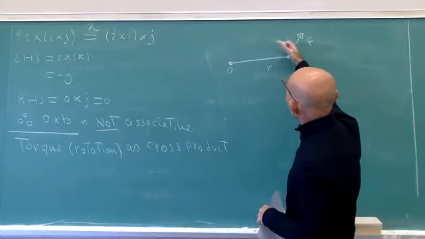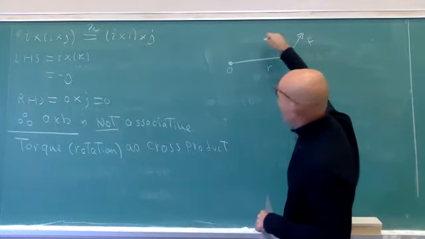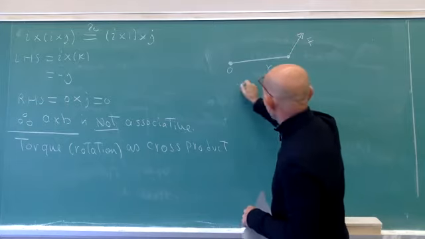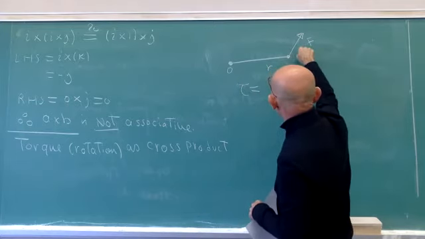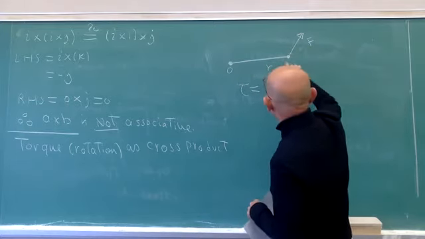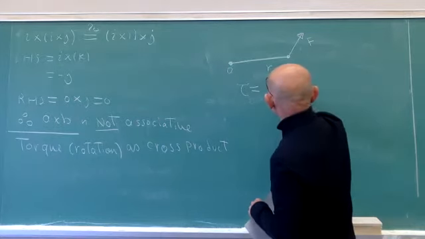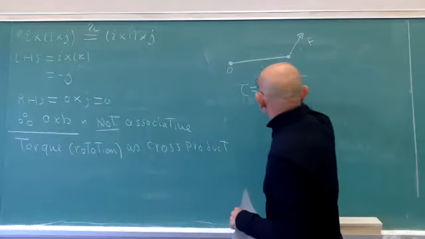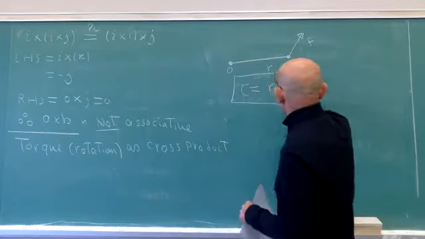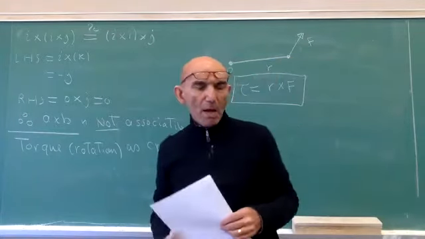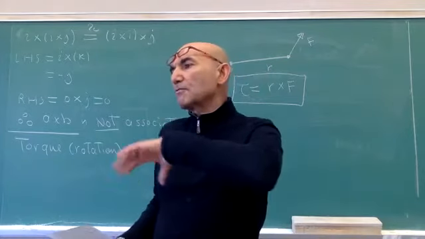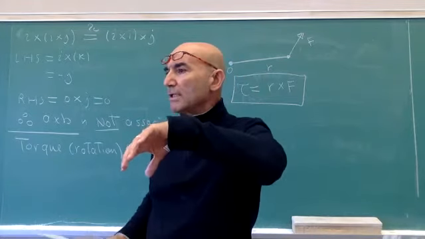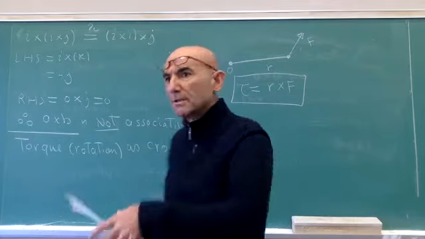It could be in any direction that you wish, it doesn't matter. And then the torque tau of force F on this bar is given by R cross F. So that's the amount of rotation that this force imparts on this handle R, basically.